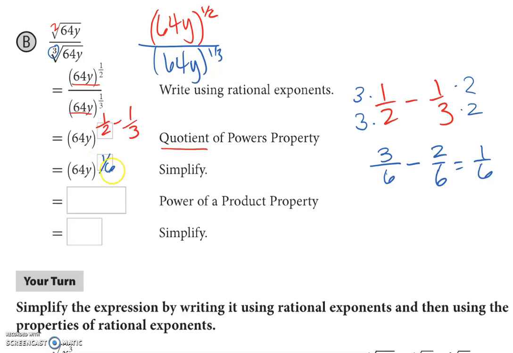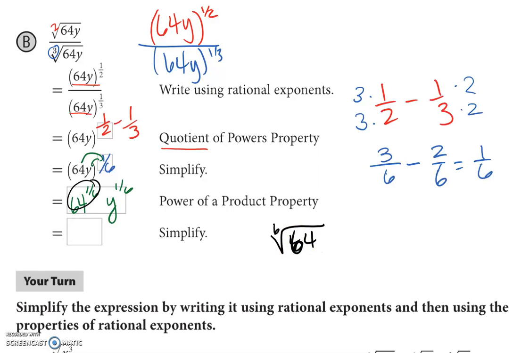With an exponent on the outside like that, if you remember, we can distribute it to both of them. So 64 to the power of 1/6 times y to the power of 1/6. Now 64 to the power of 1/6 is the same thing as the 6th root of 64.